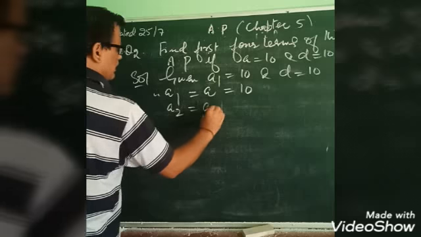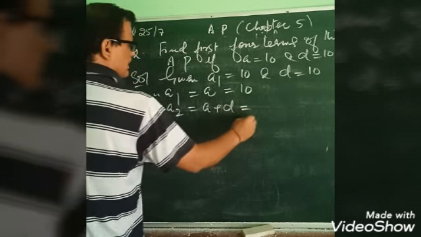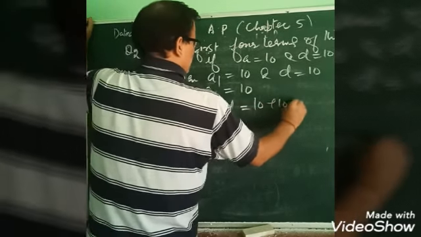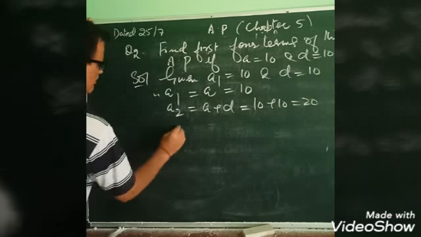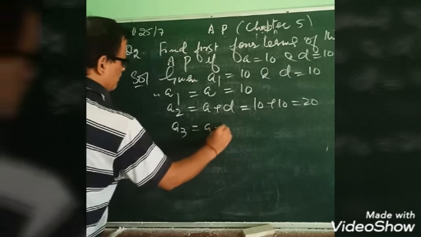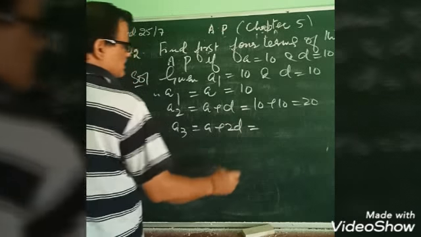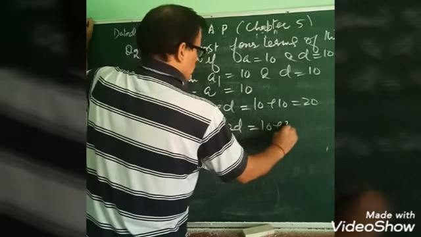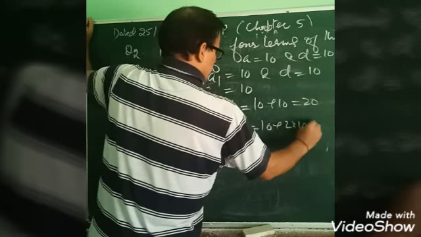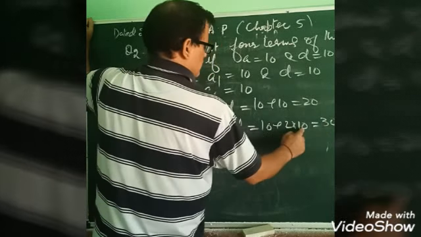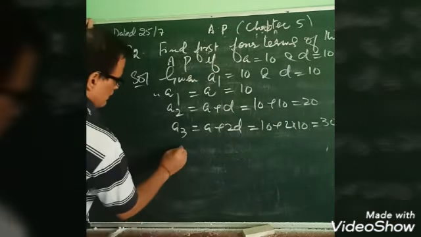A2 is equal to A plus D, that is 10 plus 10, that equals 20. A3 is equal to A plus 2D, this is equal to 10 plus 2 into 10, that is equal to 30, because 2 10s are 20 plus 10 is 30.